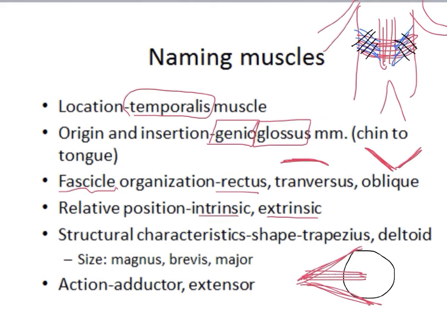Now also, you can take a clue from names having to do with the shapes and sizes of the muscle. Trapezius refers to a trapezoid shape, deltoid to a triangular shape. For size, there are magnus, brevis, and major. It sounds like something from Starbucks. But brevis would be short, magnus would be very large, and major is still a large muscle.